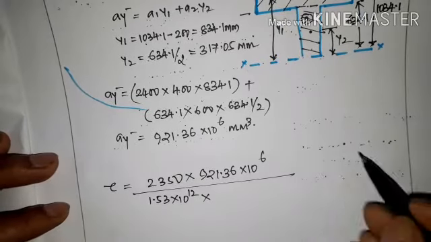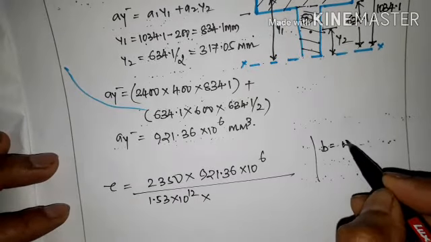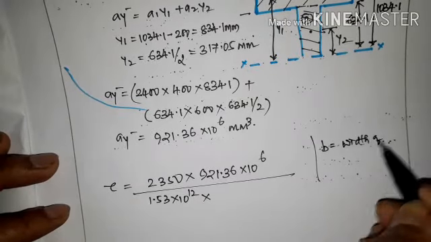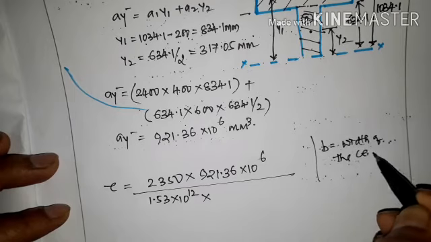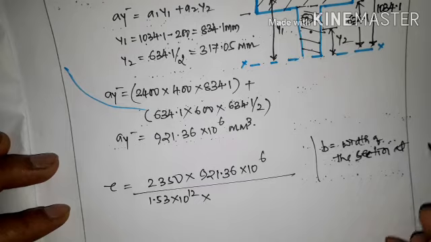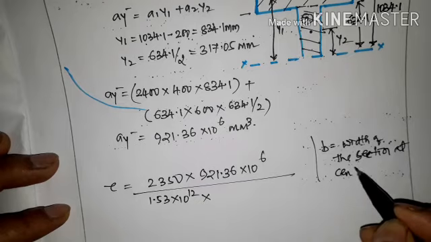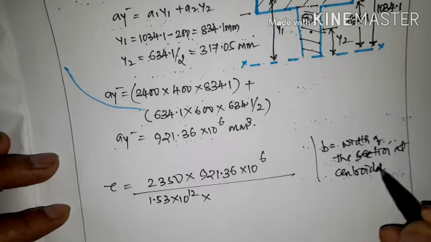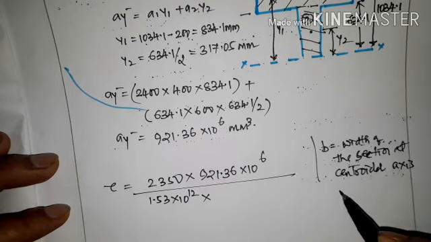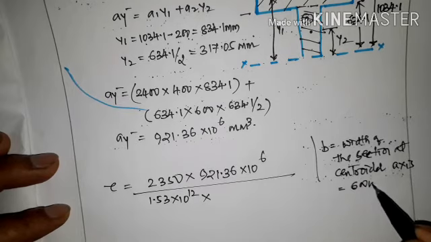B is the width of the section at the centroidal axis, which is equal to 600 mm.